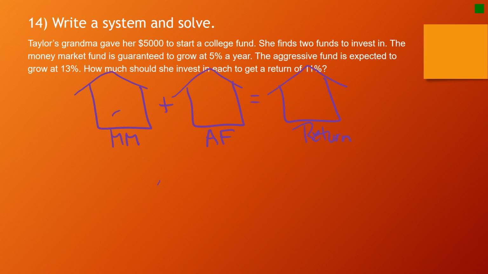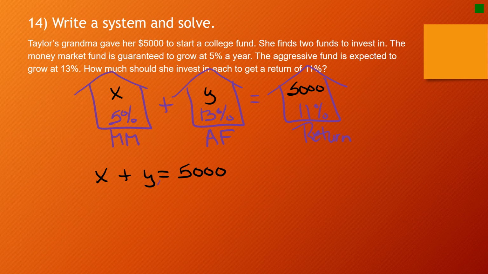The money market grows at 5%. The aggressive is going to grow at 13%, and she wants a return of 11%. How much money is she going to put in the money market? I don't know. How much in the aggressive fund? I don't know. What's her total amount she's earning money on? $5,000. So remember, it's amount of money plus amount of money equals amount of money.